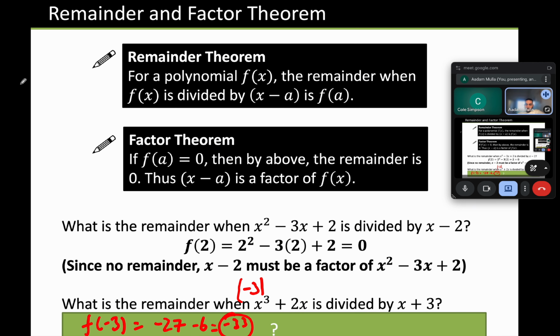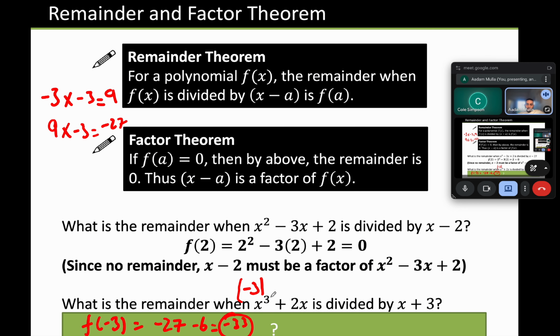Okay, so minus 3. What's minus 3 times minus 3? 9. Yeah, and then 9 times negative 3. Minus 27. Yeah, that's why. And then if you times it again, you'd get positive 81.